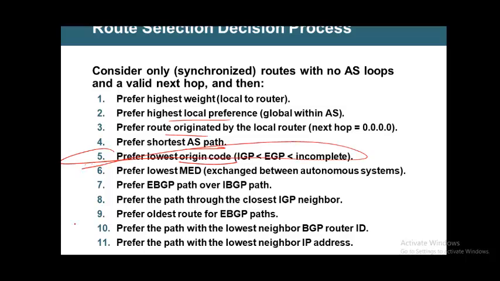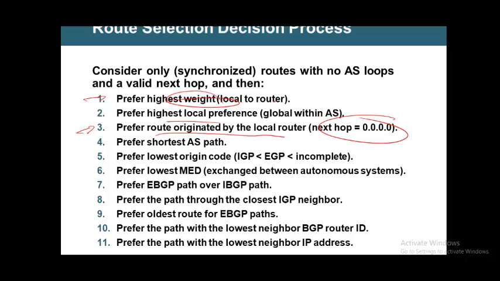Local origin comes only after local preference. We are now dealing with weight. This itself is a tiebreaker. It need not come here. If the next hop is this, automatically 32768 will be assigned for the network, so that you need not check the local preference or any other attribute.